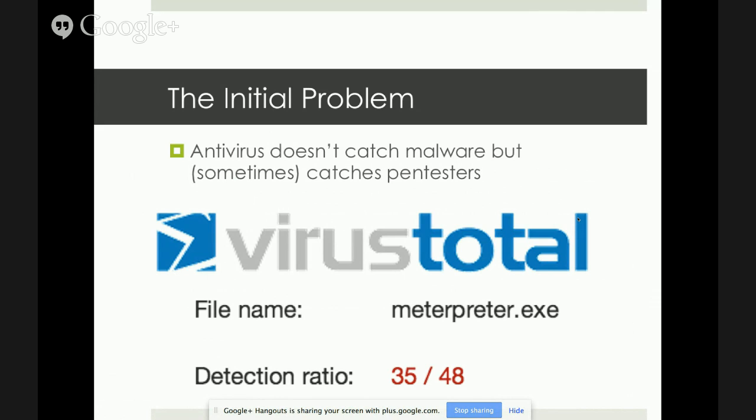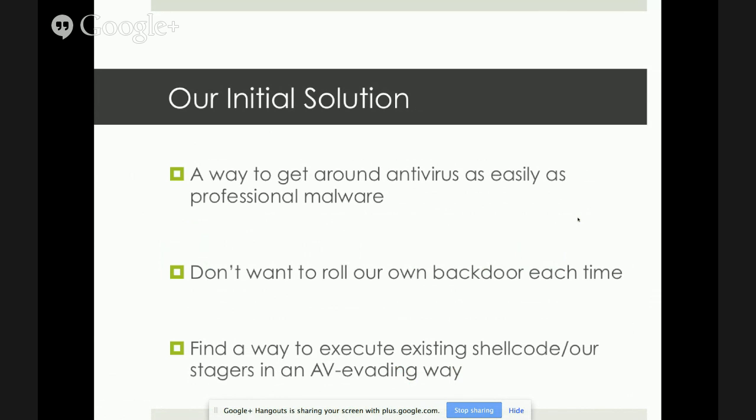So this is our problem, and we wanted to figure out a way to not have this be a problem anymore. Our initial solution was a couple of different goals that we wanted to hit. The first goal was to get around antivirus as easily as professional malware authors do. It's not a problem for them. We want to have the same capabilities.